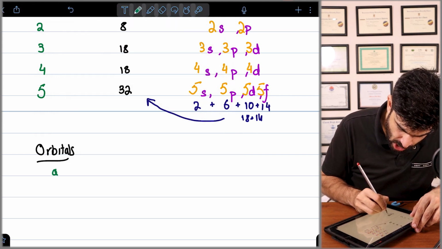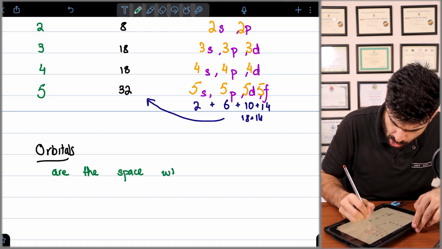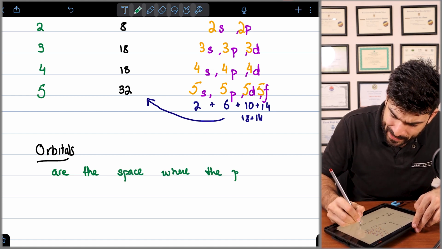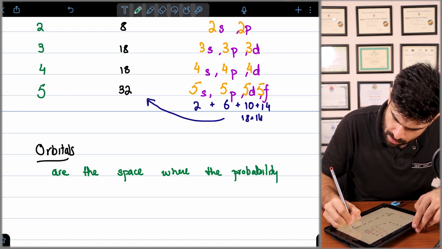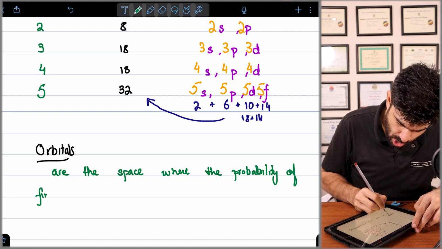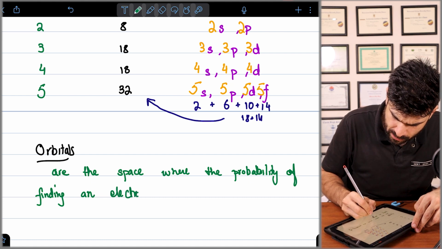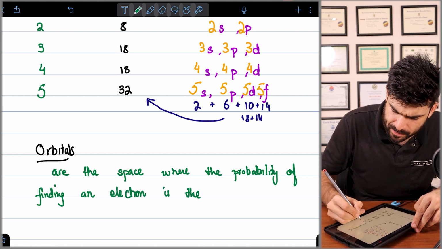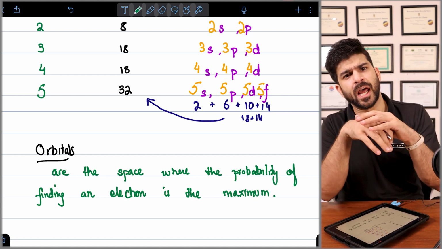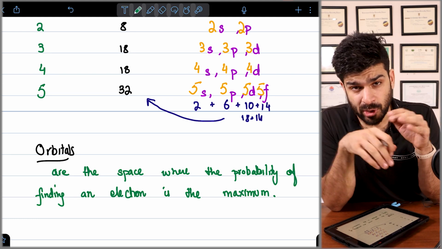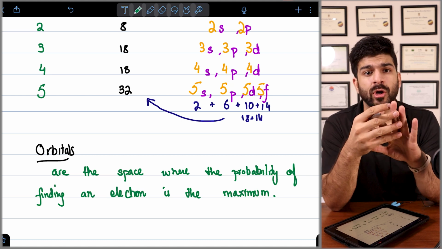Orbitals are the space where the probability of finding an electron is the maximum. This is just a diagram. It's the Heisenberg principle. Again, that's not in your course. But orbitals are the space where the probability of finding the electron is the maximum.